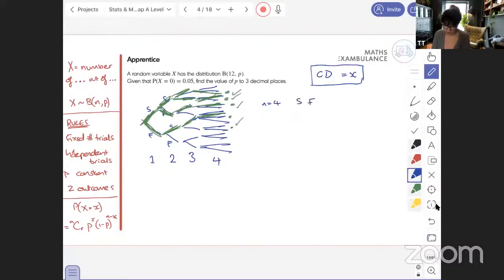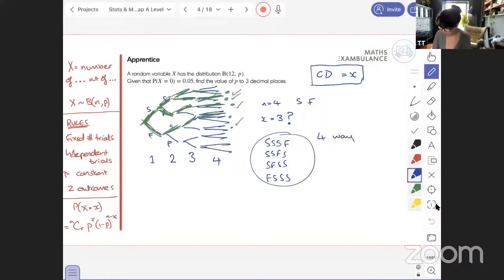So with a simple example, n is 4, and it's going to be success or fail. Let's say I want to find out the probability of getting 3 successes. Success, success, success, fail; success, success, fail, success; success, fail, success, success; fail, success, success, success. There are 4 ways. And that number there, 4 ways, is n choose r, or actually n choose x, I should say.